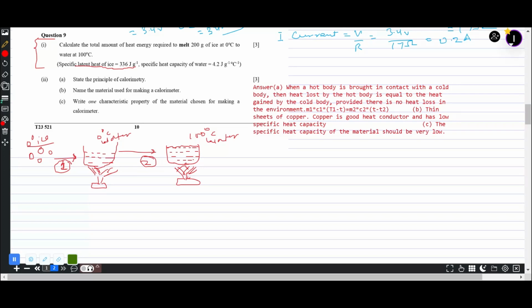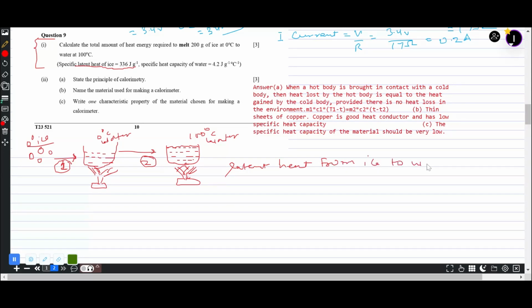And what is latent energy? Latent heat is, I will write a statement. Latent heat, I'm sorry for my handwriting. Okay, from ice to water, which is stage 1.